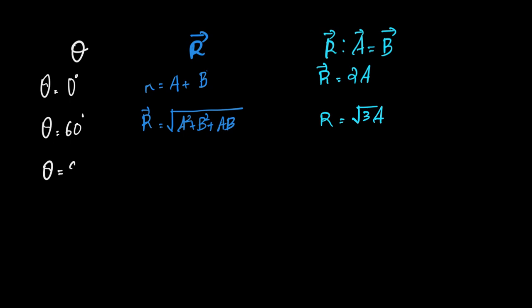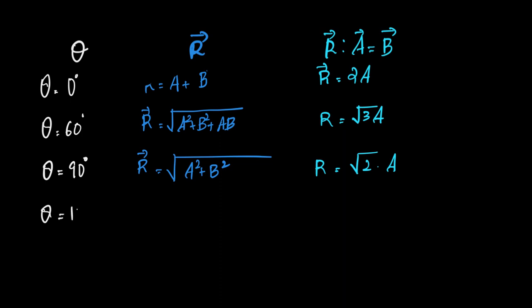Now when theta is equal to 90 degrees, what is r? R is equal to root of a square plus b square, and similarly r here will be equal to root 2 times a.